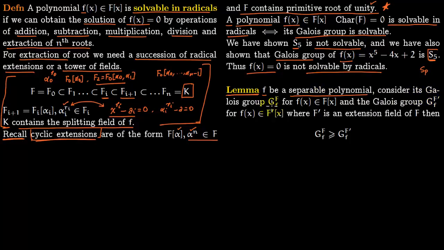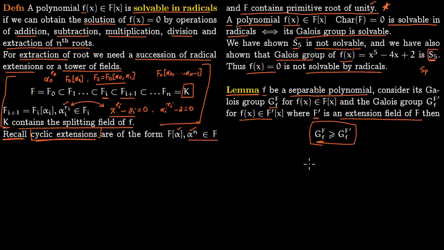Then you consider its Galois group, G_f with superscript capital F, because this polynomial f lies in the field capital F. And then you have another Galois group which is over the field F prime, for f(x) lying in F prime, where F prime is an extension of the field F, so F prime contains the field F. Then the Galois group over the larger field is contained in the Galois group over the smaller field. This is kind of easy to see.